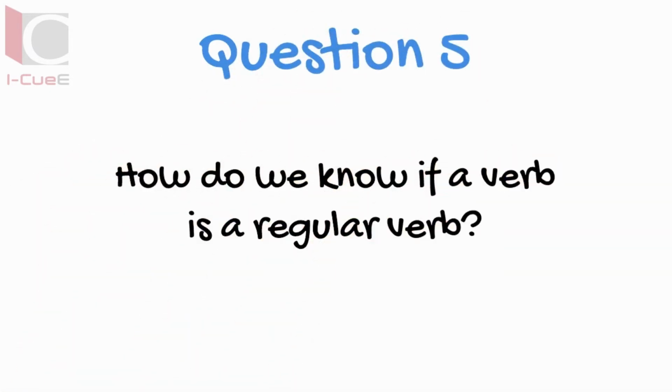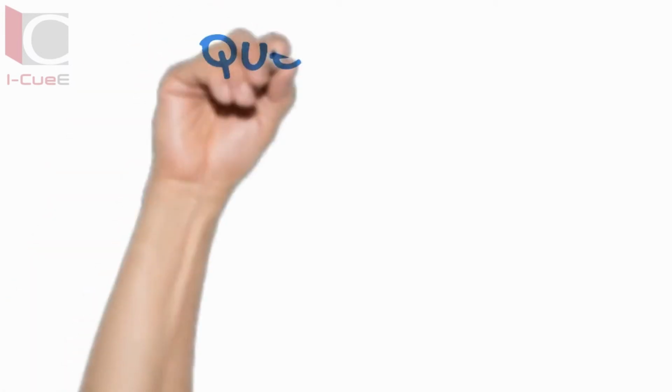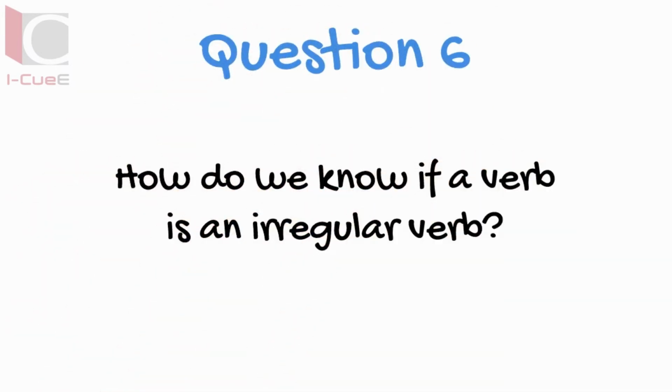How do we know if a verb is a regular verb? If the verb ends in ed in the simple past tense. How do we know if a verb is an irregular verb?